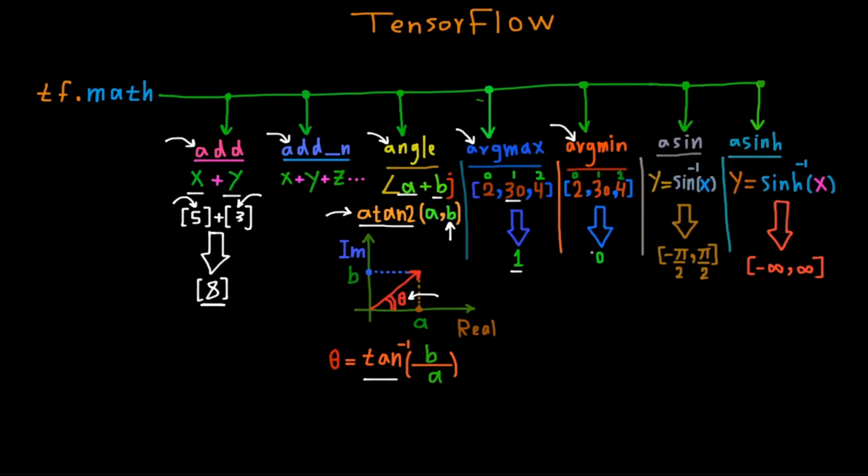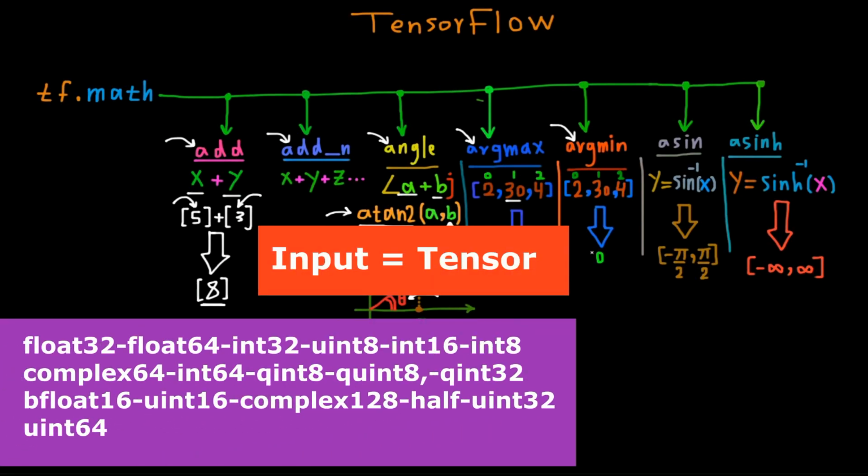This function has the same arguments as the argmax function. The first one is input, which is a tensor. It must be one of the following types: float32, float64, int32, uint8, int16, int8, complex64, int64, qint8, qint32, bfloat16, uint16, complex128, half, uint32, uint64.